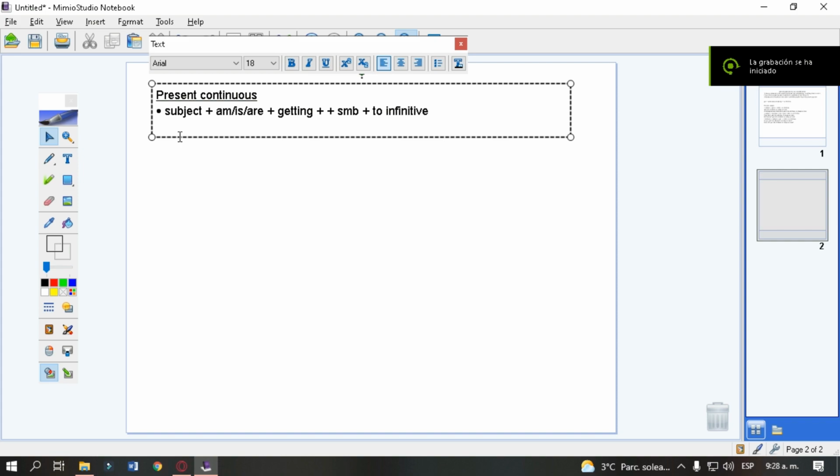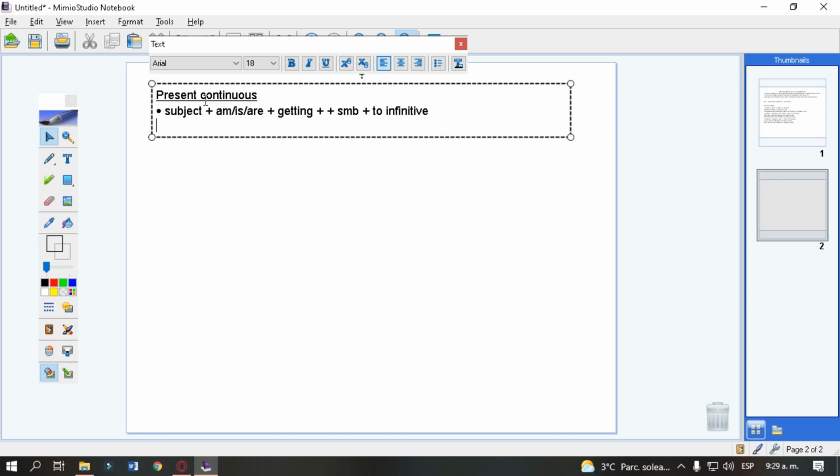Okay, let's go to present continuous. How do we form a sentence in the present continuous using causative verbs? First of all we have the subject: I, she, they, Maria, Toby, you get the idea. Then we are going to need the verb be, depending on the person.